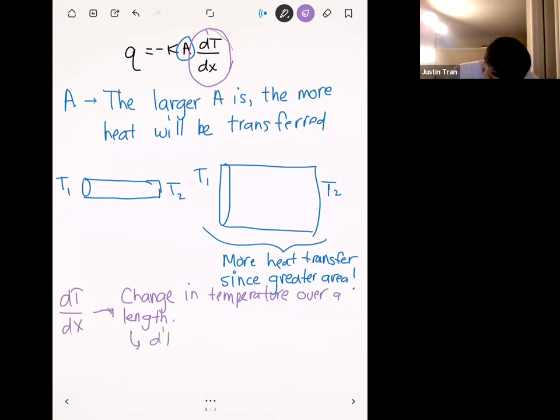There's the dT part, which represents a change in temperature. If we have a greater change in temperature, that means we have a greater amount of heat transfer.